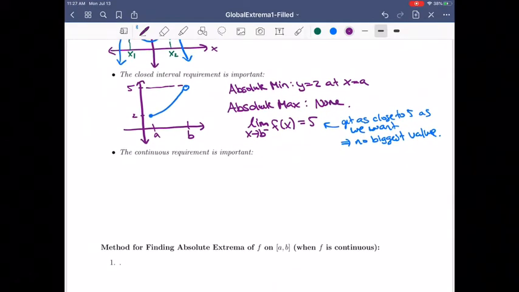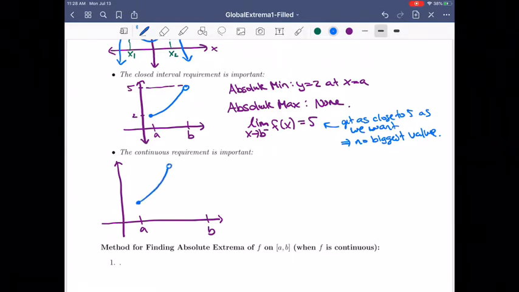So maybe you do have a closed interval, going from A to B, but your function might do something crazy like this, where this is at, say, C. If there's a jump, even though this is defined on the entire closed interval from A to B, there's going to be no maximum because of the jump. We're going to approach whatever the y value is here, but never reach it.